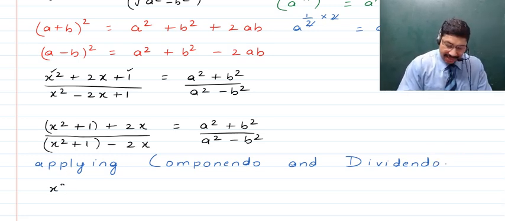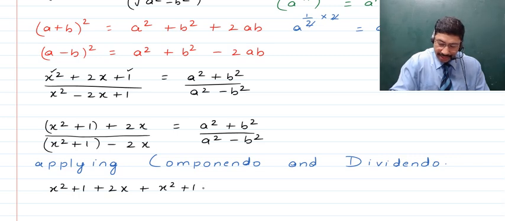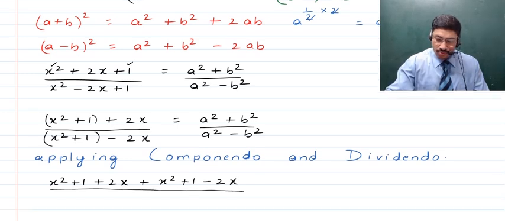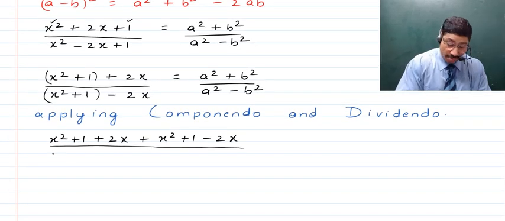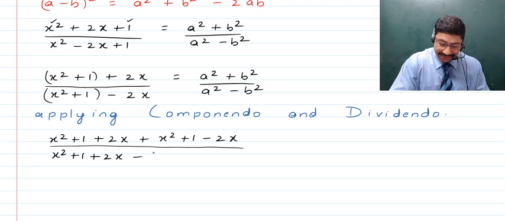Here we'll have x square plus 1 plus 2x, and to that is going to be added the denominator, that is x square plus 1 minus 2x, that is numerator plus denominator. And in the denominator we will have numerator minus denominator, that is x square plus 1 plus 2x, from which is going to be subtracted x square plus 1 minus 2x.